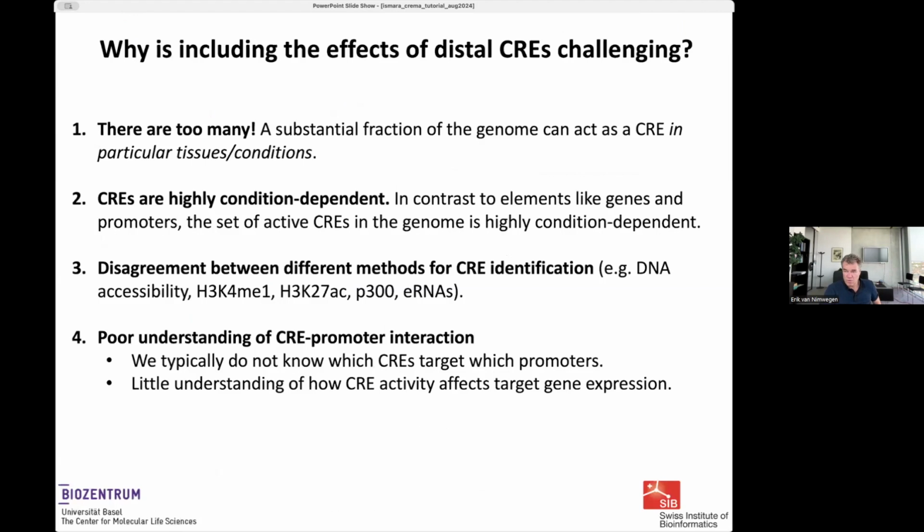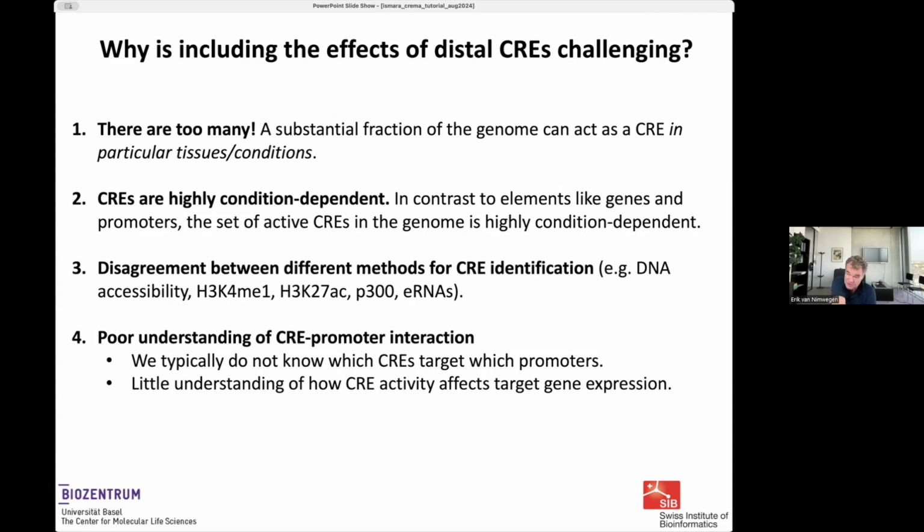All right, so why is it so hard to include the effects of the distal regulation into the kind of models that I've been talking about in the previous session? Well, the first challenge is that there are simply too many of them. There are screens that have been done by a number of labs.